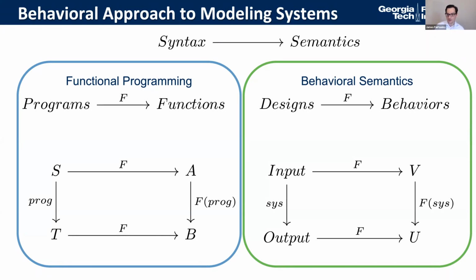And then the behavior of a system is given by some functor into a category like Rel, which says that a system imposes a relation on the states of its inputs and outputs. So that's perfectly analogous to programming language theory, where we've got programs that map into functions. Here we have designs that map into behaviors. And there were some good talks yesterday about model-based systems engineering, and they take this approach too.